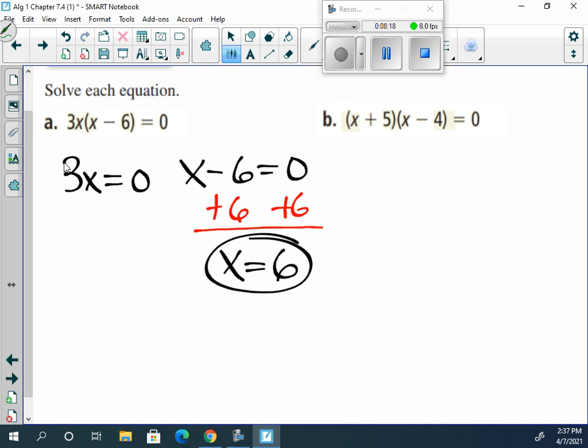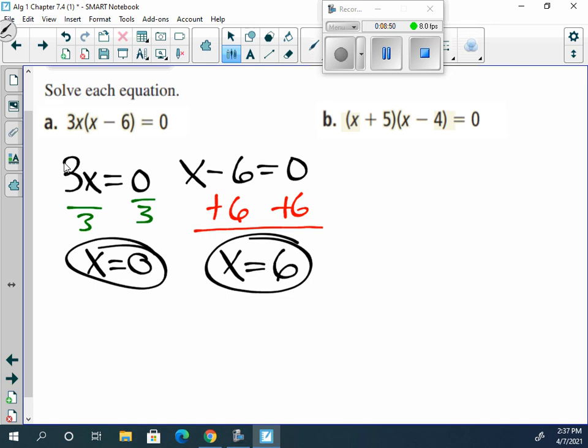Well, what can we do here? So x is equal to? But also we have 3 times x equals 0, yes? Anytime we have two things multiplied together to equal 0 means one of them has to be, so x would have to be, because I can't make 3 0, it's 3.